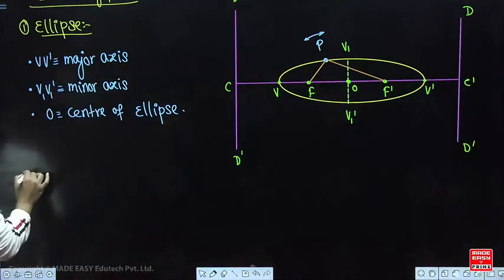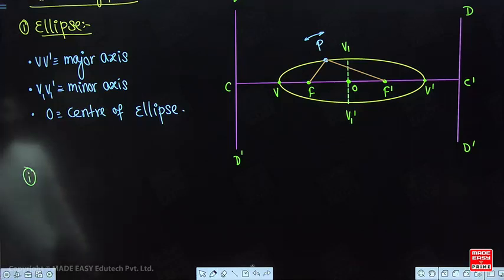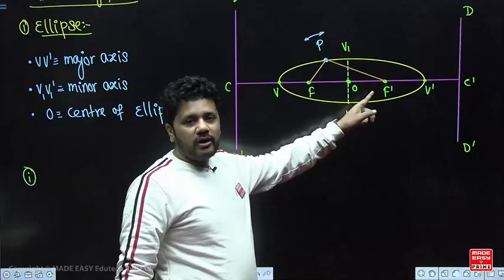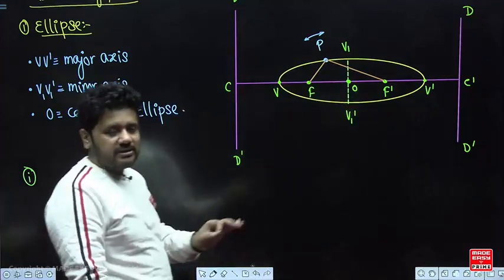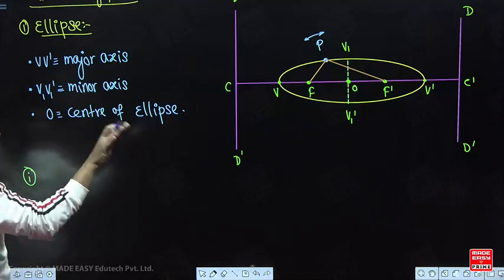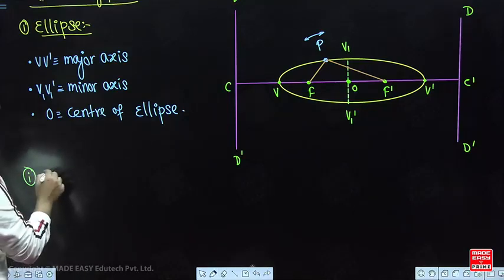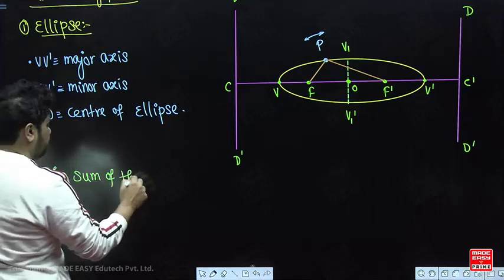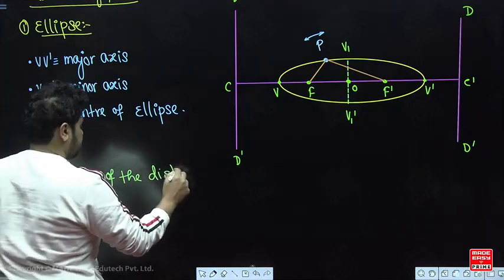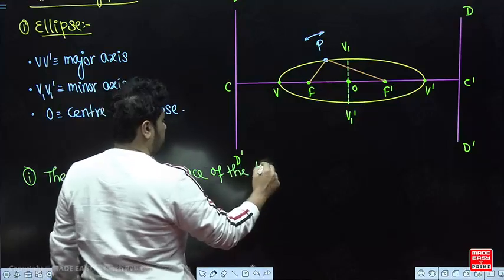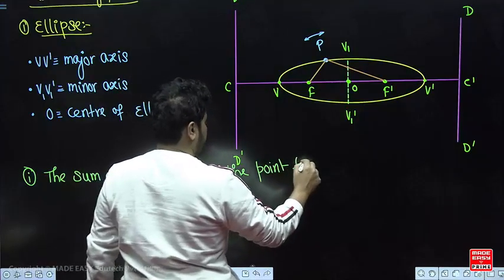So what are the few points that you have to remember? The first point: the sum of the distances of the point from the 2 foci is always equal to the major axis. You have to keep these points in mind, you don't have to derive them, right?